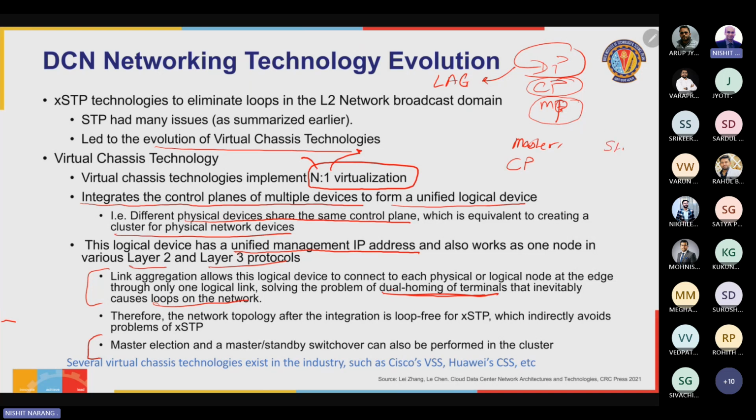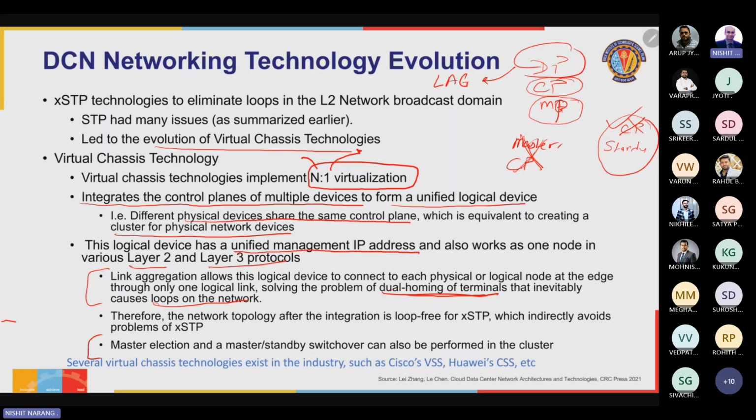The standby switch has the control plane function, but it's put onto dormant mode. It doesn't work. But if the master were to fail, the whole benefit of the access aggregation core topology was redundancy. If the master was to fail, the standby aggregation switch should come up as an independent switch with a whole control plane function fully functioning, so that the network can still continue to work at half the capacity.